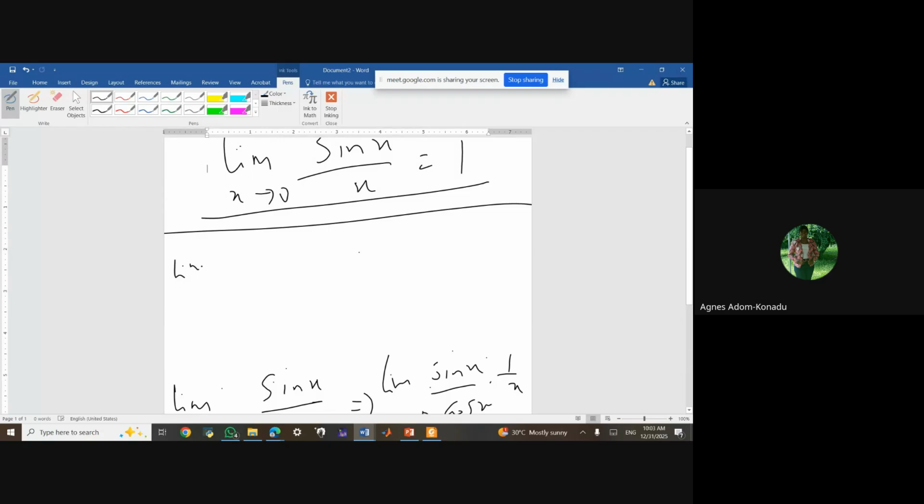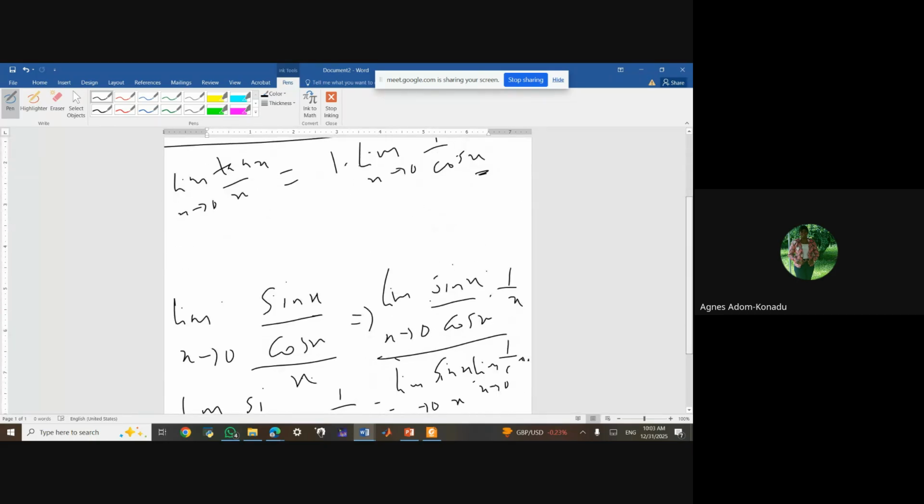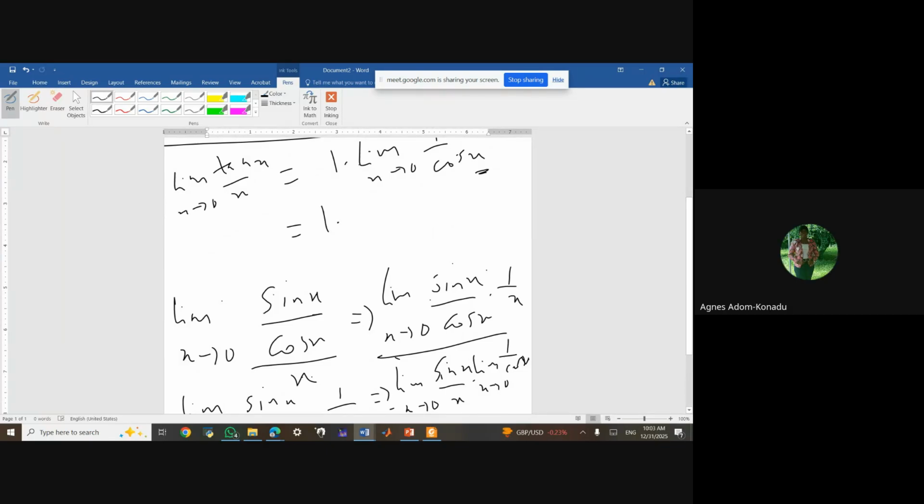So the limit as s approaches 0 of tan x over x is equal to 1 times the limit as s approaches 0 of 1 over cos s. I substitute 0 in place of x here. Cos 0 is 1, so I have 1 over 1, which is 1.